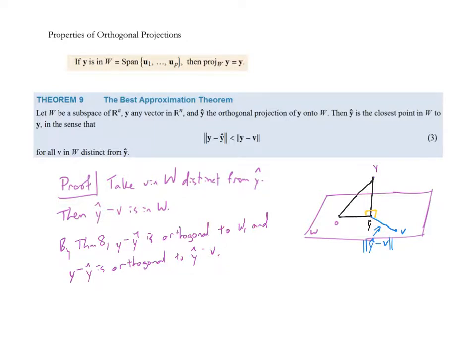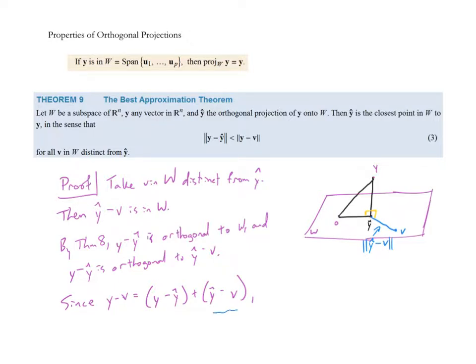All right, so continuing on with the proof here, we're going to say since y minus v is equal to parentheses y minus y hat plus y hat minus v. Okay, there's more to that sentence, but I'm going to pause on what I'm writing and point at some things on the picture. Let me erase this and fix it. That should say y minus v. Okay, let's identify where all of those vectors are in my picture. We've got y hat minus v already labeled in the picture.